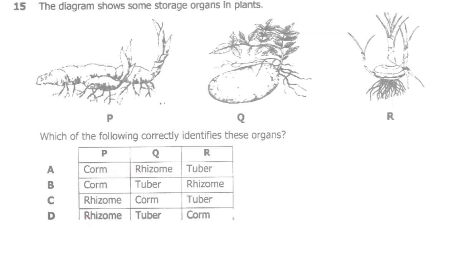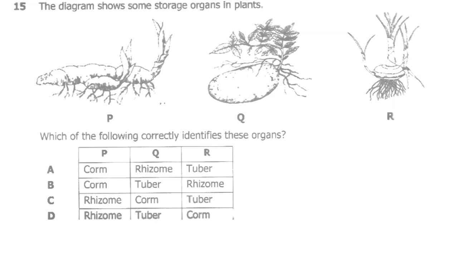An example of that is ginger. Q will be tuber. An example is sweet potatoes. R will be corm, and the examples are corms.